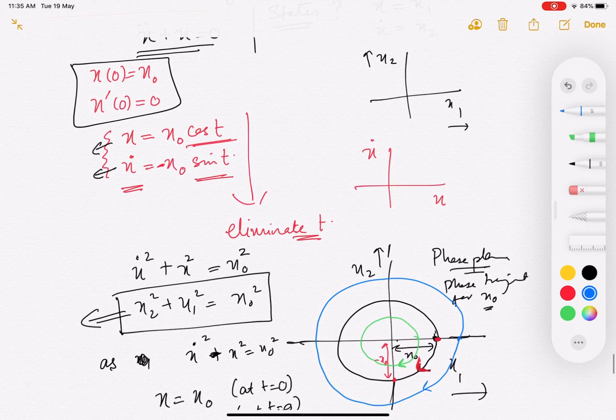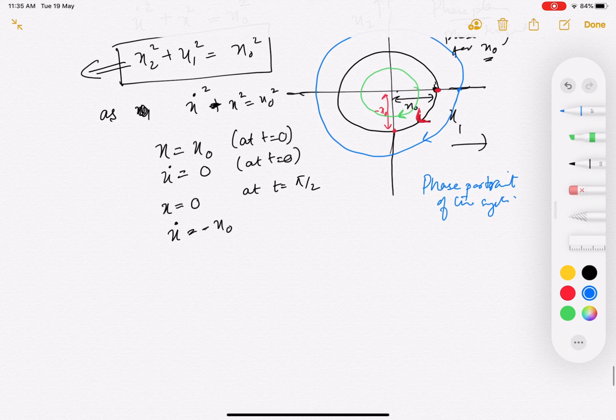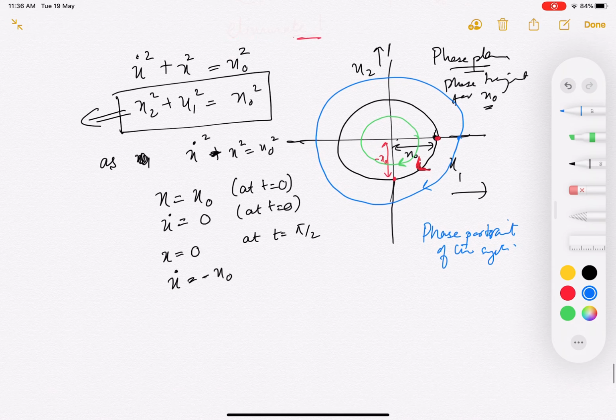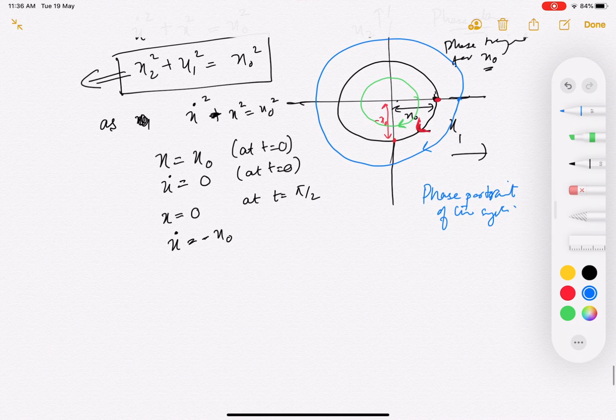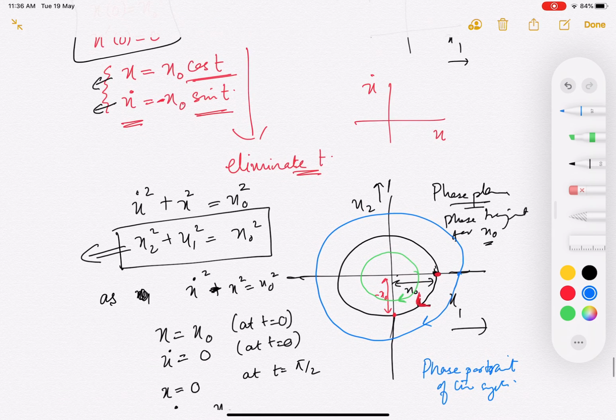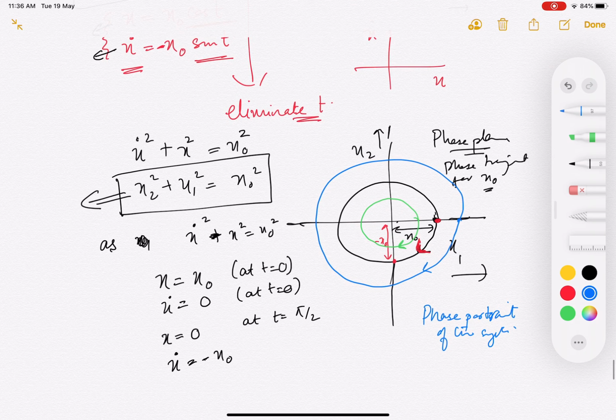Now, a little more about what happens. We did this for a linear system, and what we can immediately understand without actually looking at the solution is that this is a marginally stable system because you have sustained oscillations.